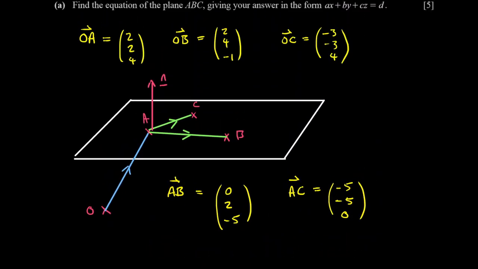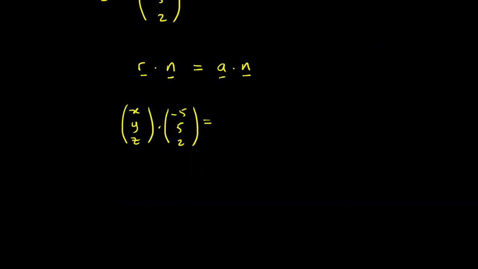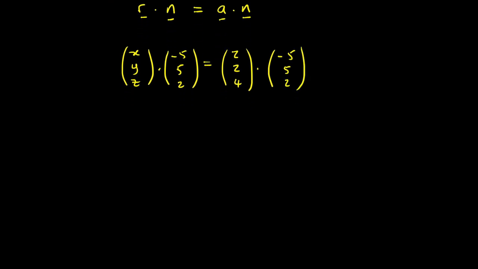In this case, I'll use OA, which is (2, 2, 4), and take the scalar product with the normal, (-5, 5, 2). If I expand all this, I get -5x plus 5y plus 2z is equal to -10 plus 10 plus 8, which is just equal to 8. So that is the Cartesian equation of our plane.